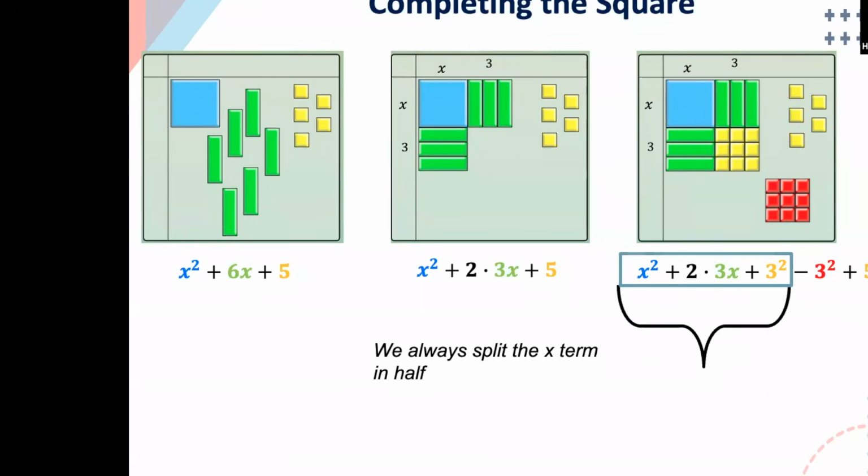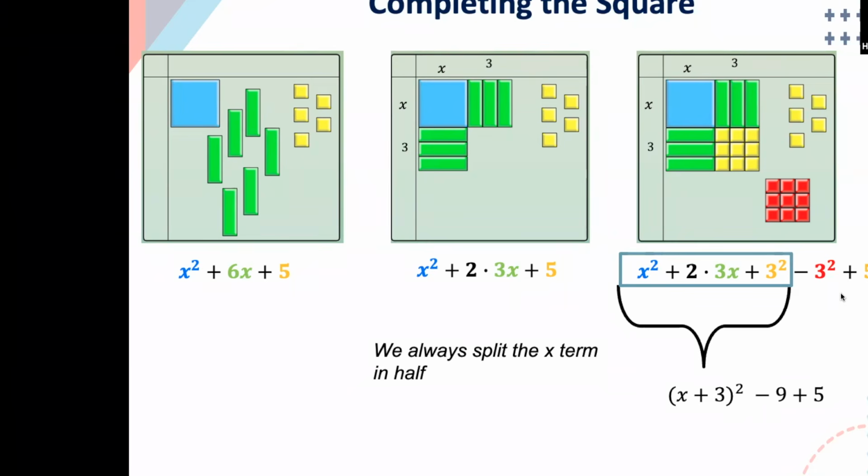Now you would note that these 3 terms can be written as x plus 3 squared, because that's the square that we built here. You can see these terms refer to my whole square, which has a side length of x plus 3. So the area should be x plus 3 squared.